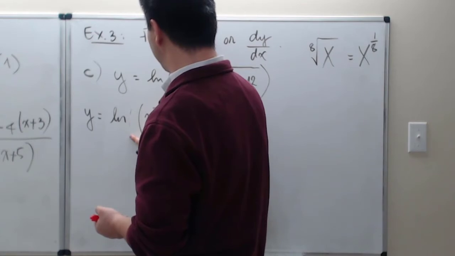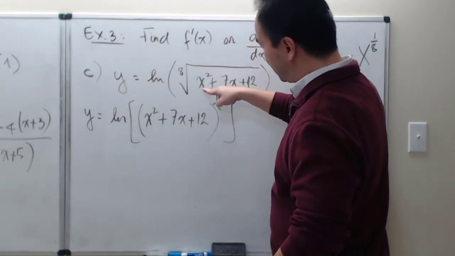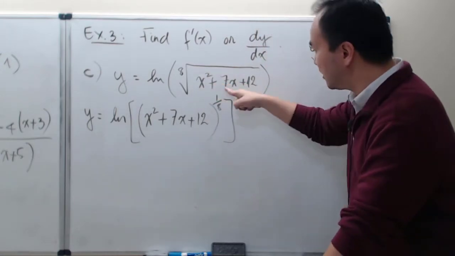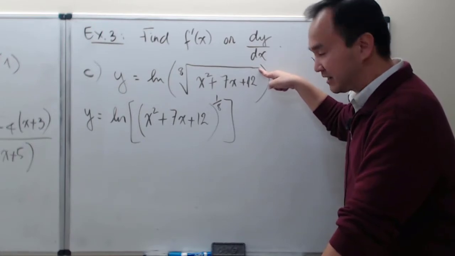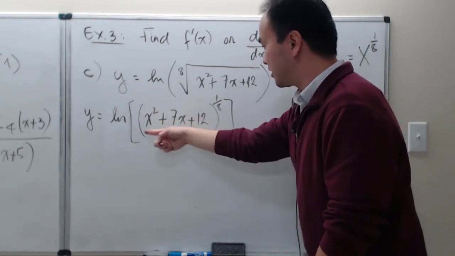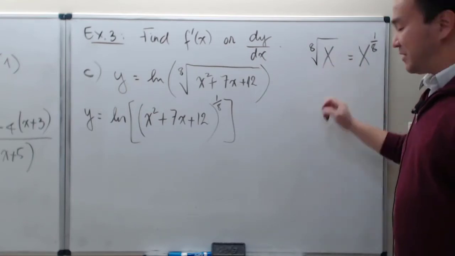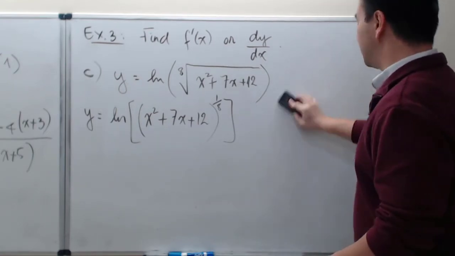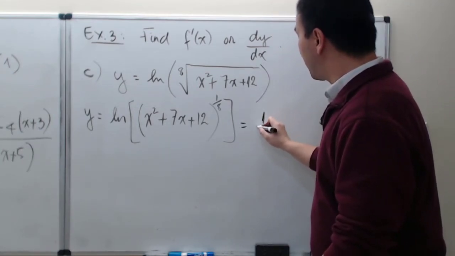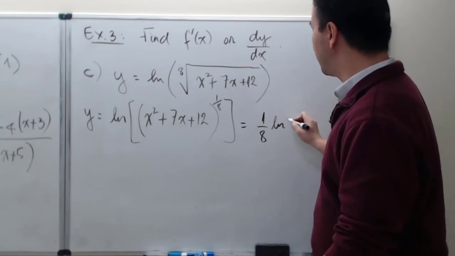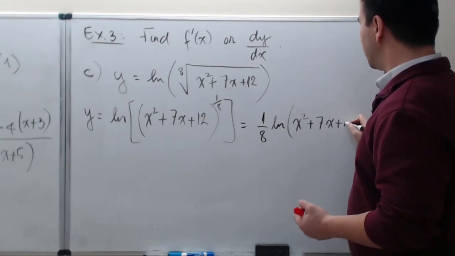Now I successfully display the power nature, because the entire expression x squared plus 7x plus 12 that is trapped inside the 8th root is now the expression raised to the 1/8 power. And now with the property on the logarithm of a power, I can go ahead and bring the 1/8 in front and rewrite my expression as 1/8 times the natural log of x squared plus 7x plus 12.